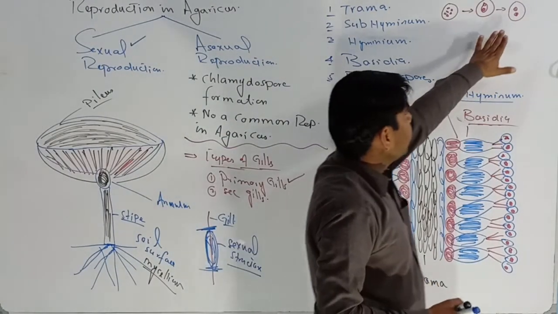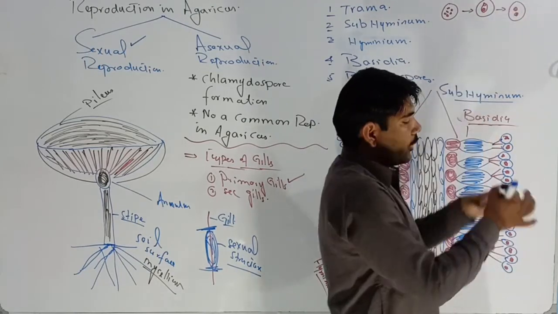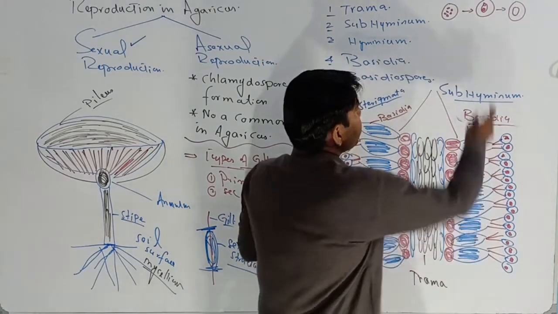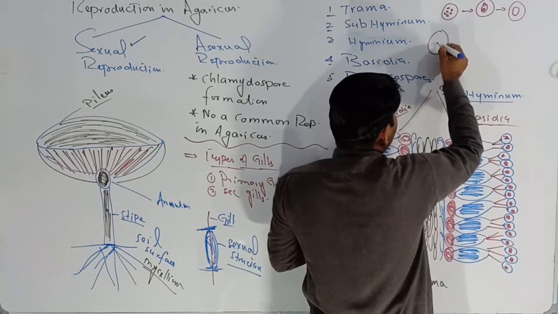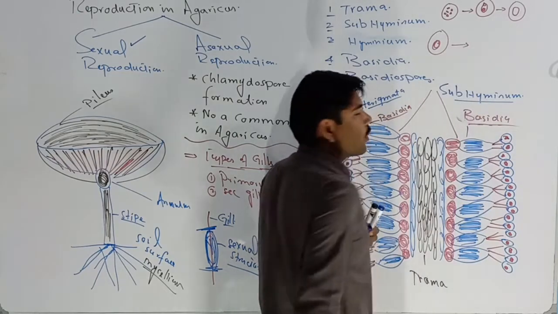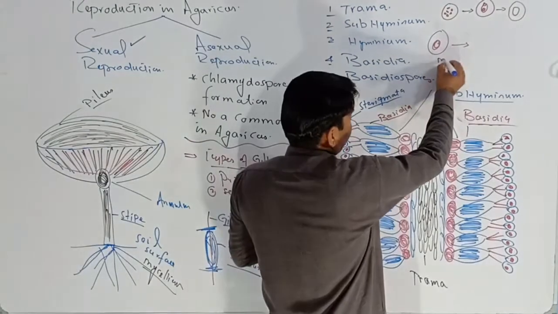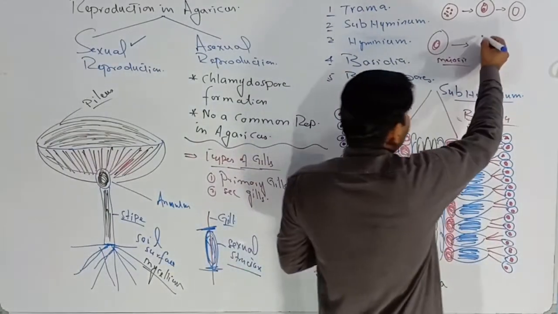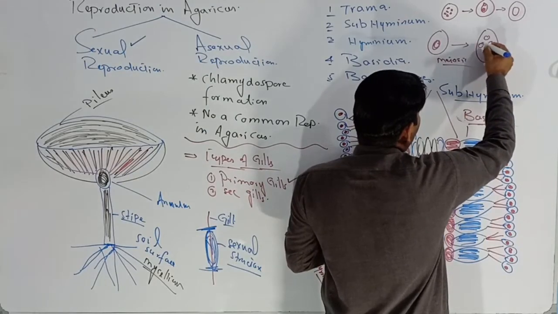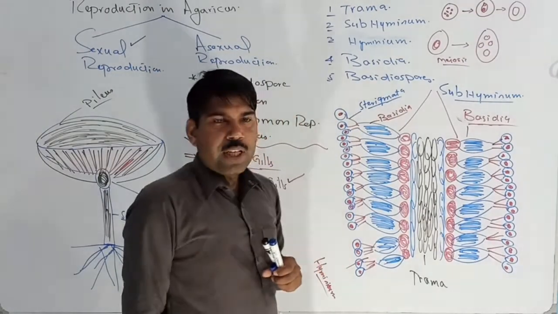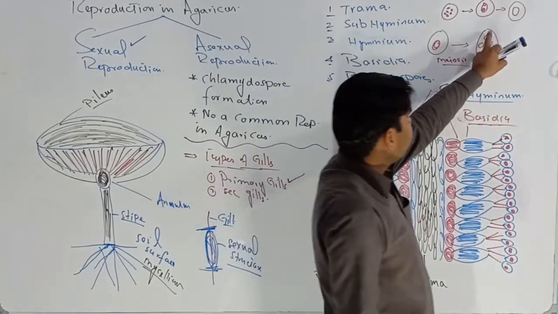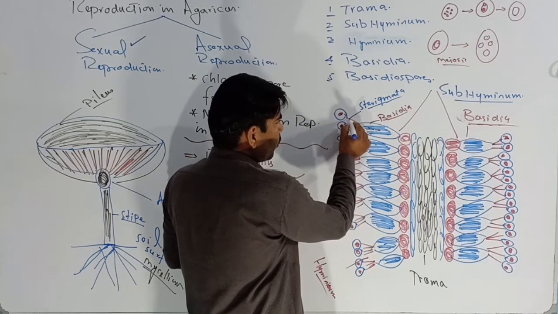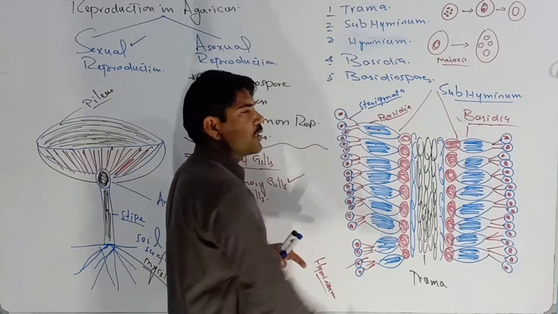When this diploid zygote is formed, it undergoes meiosis. When this diploid zygote undergoes meiosis, it produces 4 haploid cells. Each of these 4 haploid cells from the basidia will move to the sterigmata and produce the basidiospore.